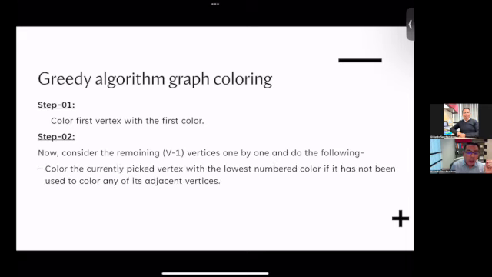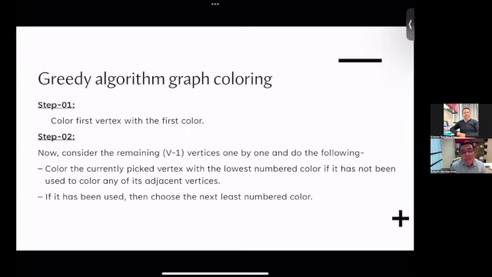I will color the vertex that I am analyzing with the lowest numbered color that has not been used to color any of the adjacent vertices. So I have a box full of colors, but I won't go to the next one if I can use one before, respecting, of course, the property of no same color for 2 adjacent vertices.